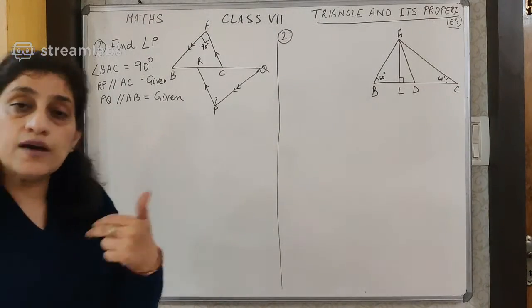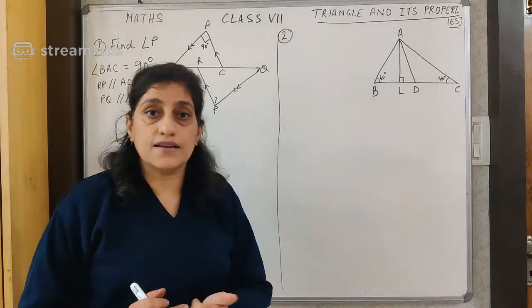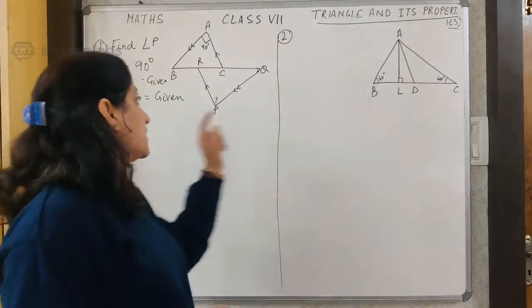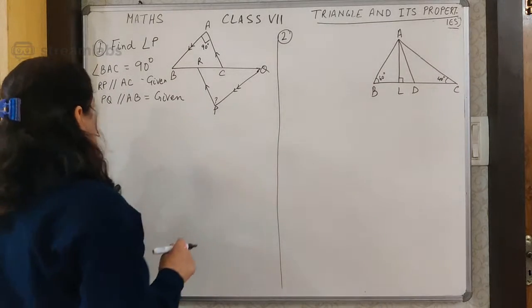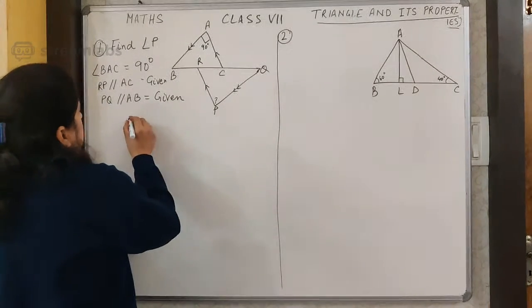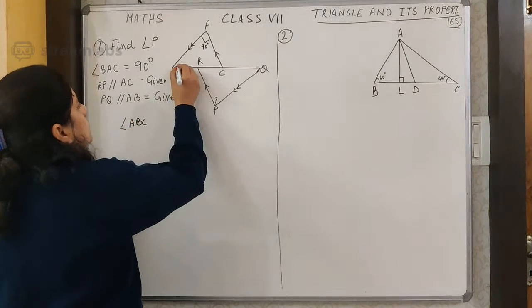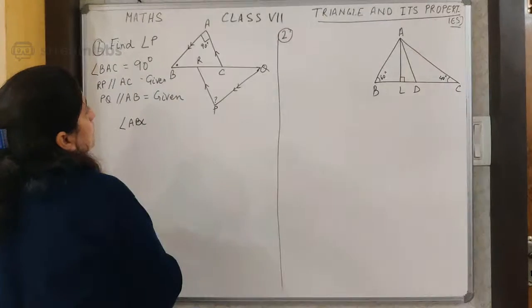Now you see what I am going to use. Here there are parallel lines given to me. So I'll tap on that fact and find out angle P. First of all, I am writing angle ABC, which is this angle. Okay?